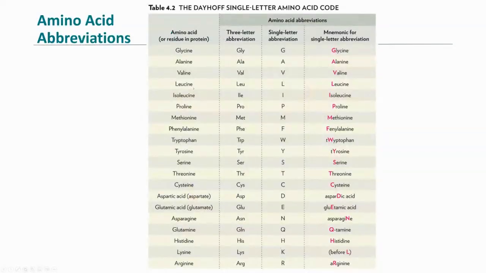On the first column here are the commonly seen 20 amino acids: glycine, alanine, valine, leucine, isoleucine.